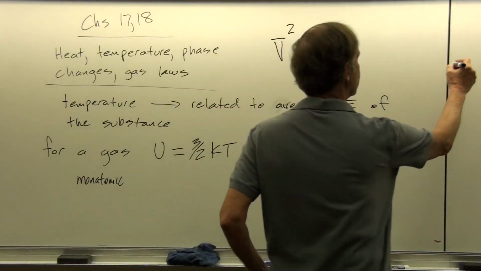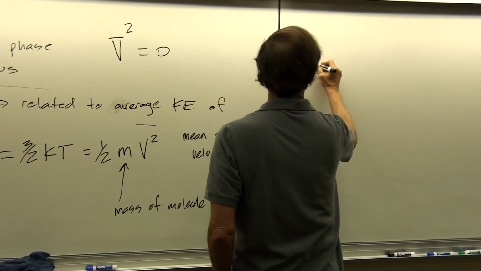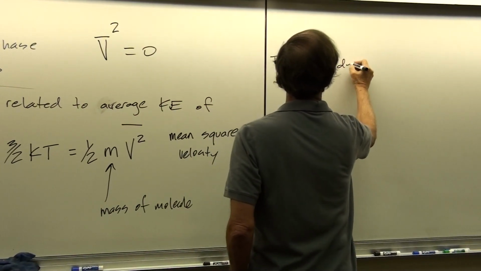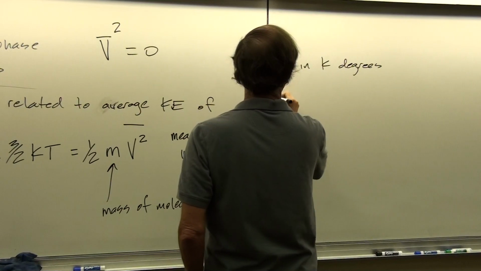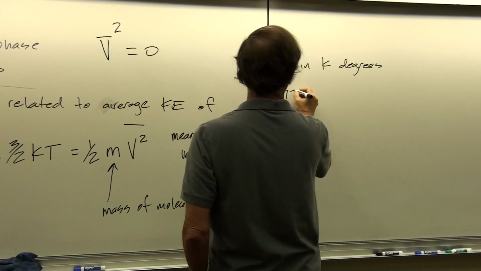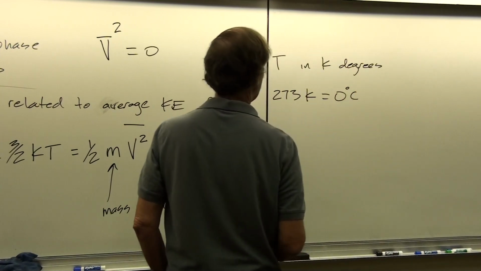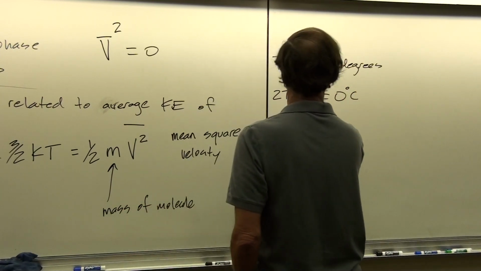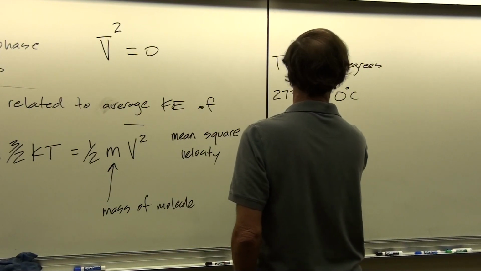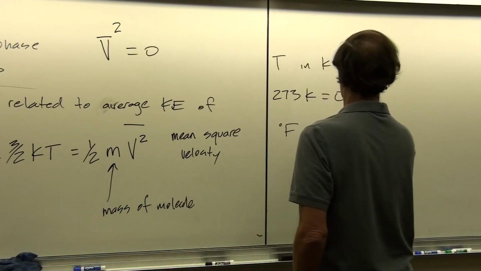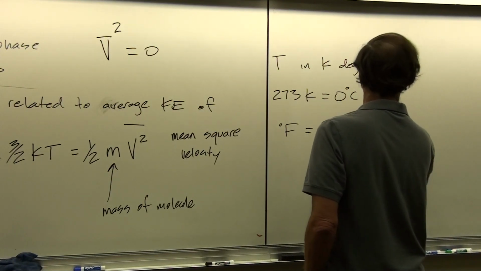Now the temperature here we'll be measuring in Kelvin, where 273 Kelvin is equal to 0 degrees centigrade. And our degrees Fahrenheit is equal to 9/5 times our degrees centigrade plus 32.